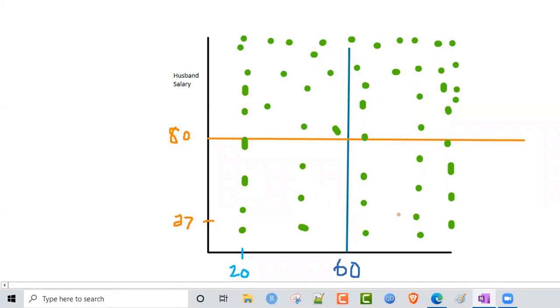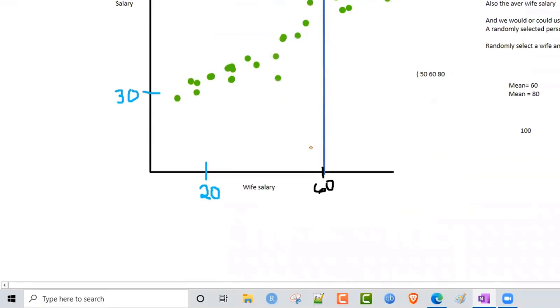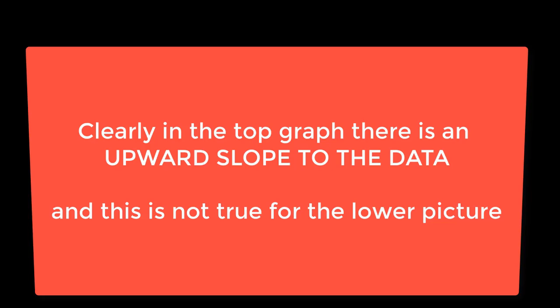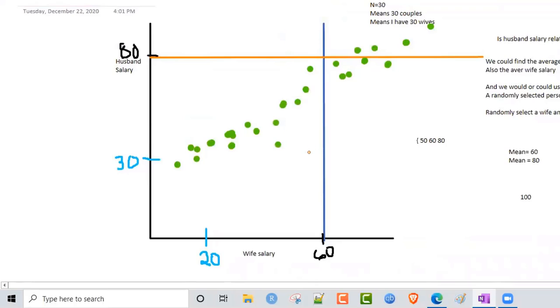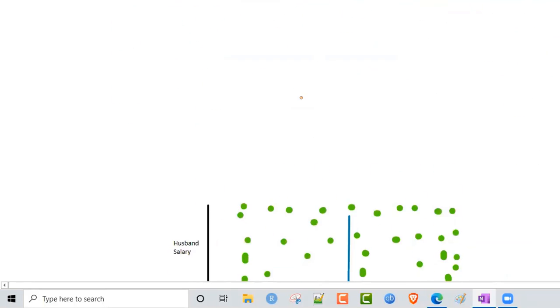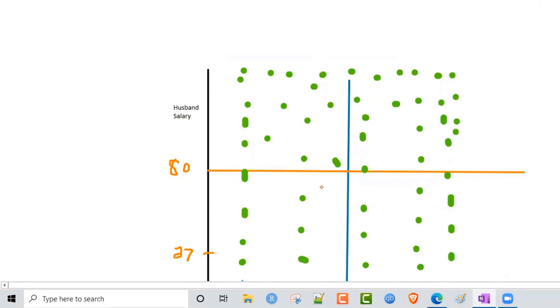But the thing is, he's not recognizing the important thing that I'm trying to show here. That is the difference between this picture and this picture. So what is the obvious difference between this picture and this picture? What am I trying to say with these two pictures? I drew these pictures.